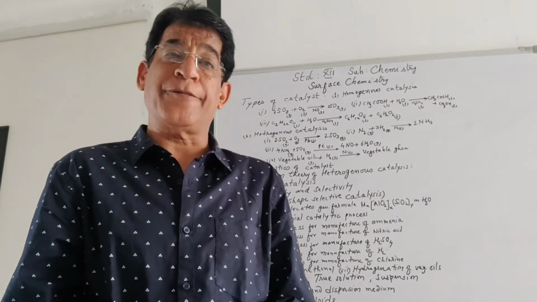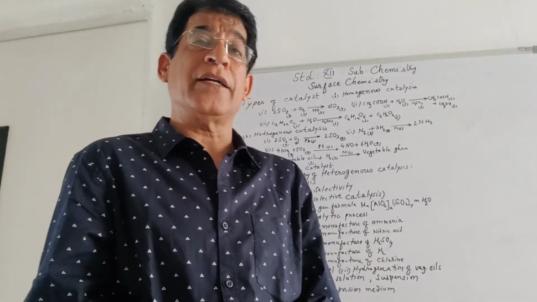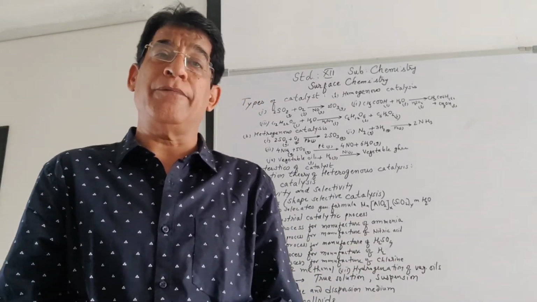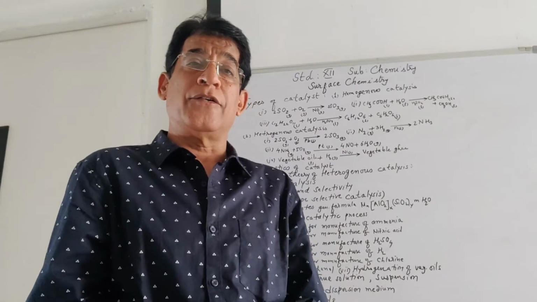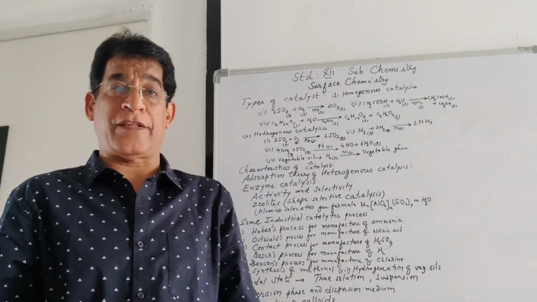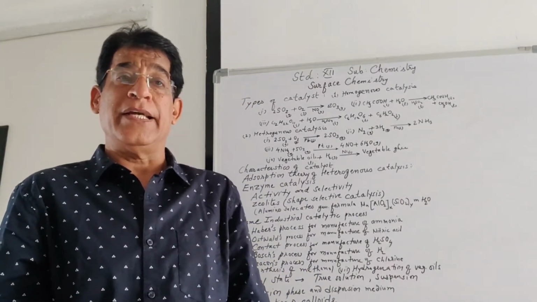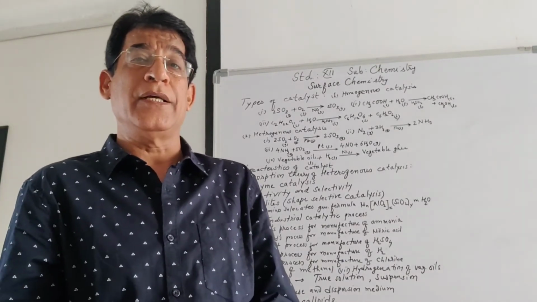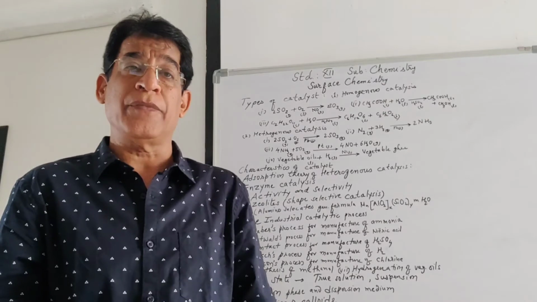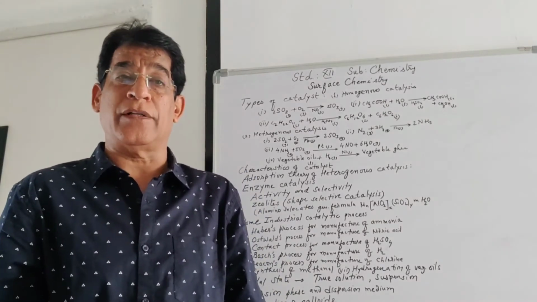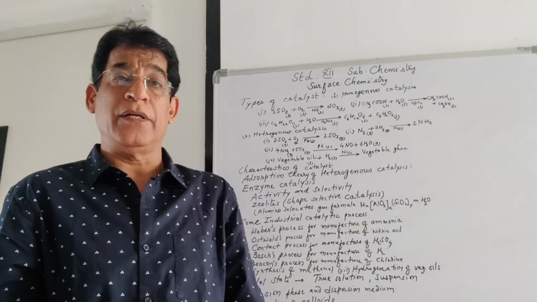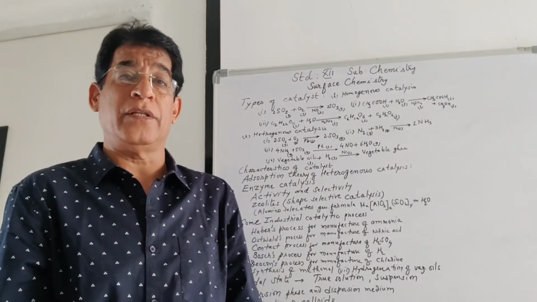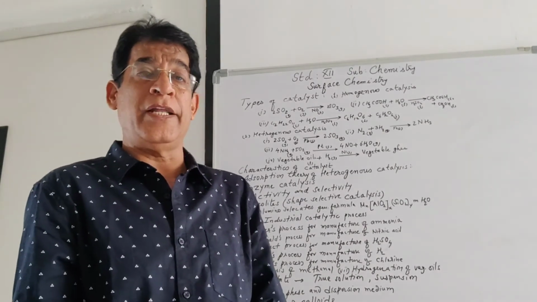Now, dispersed phase and dispersion medium. First, dispersed phase. It is the component present in small proportion and is just like a solute in a solution. For example, in the colloidal solution of silver in water.